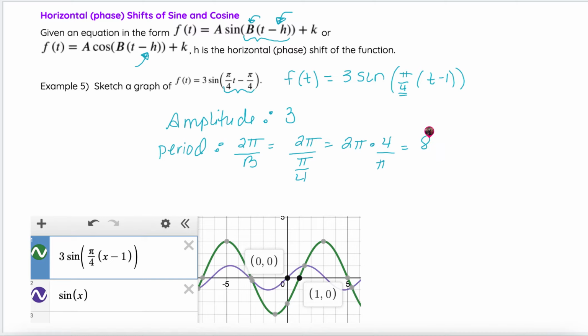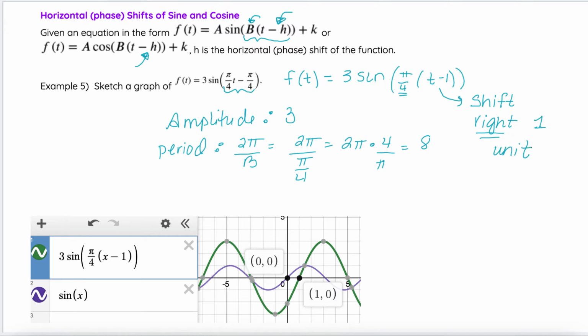So it takes 8 units to get from the beginning to the end. And this part here tells me I'm going to shift right 1 unit.